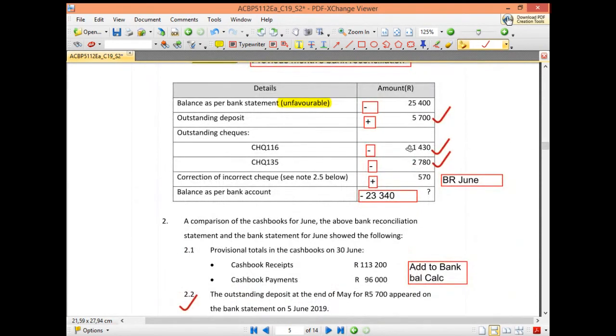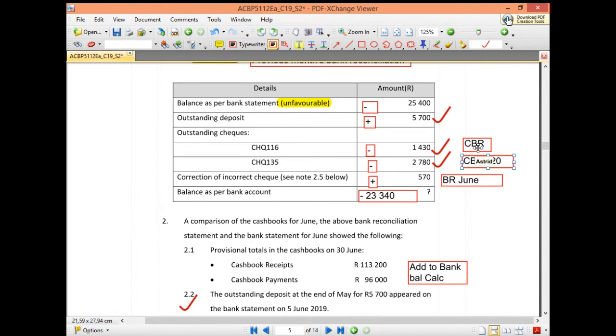So this check for 1,430 now actually goes to our cash book receipts. And okay, this was the cash book payments for an amount of 320. So let me just put the adjustments here at the top as well. Okay, so we're going to take it to the cash book receipts, and then that has also been dealt with.